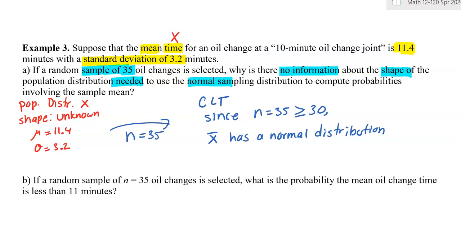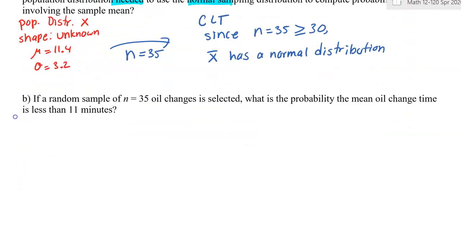And so that's why we don't need to know what the shape is for the population distribution, because our sample size is large enough, and that guarantees that X bar has a normal distribution. All right, so let's do part B.